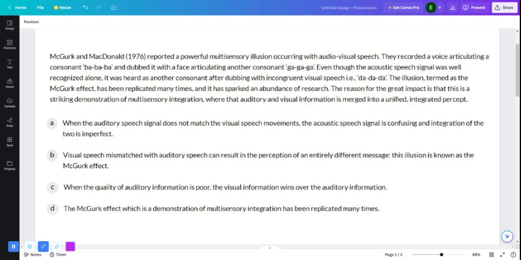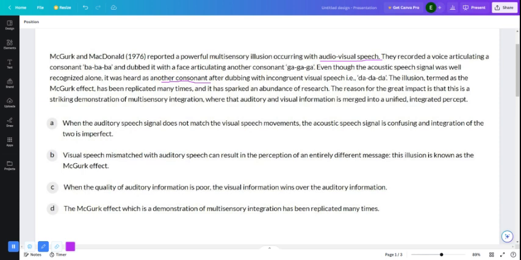Okay, so let's dig into that. The first summary is telling us that McGurk and MacDonald reported a powerful multisensory illusion occurring with audio-visual speech. They recorded a voice articulating a consonant, ba ba ba, and dubbed it with a face articulating another consonant. Even though the acoustic speech signal was well recognized alone, it was heard as another consonant after dubbing with incongruent visual speech.